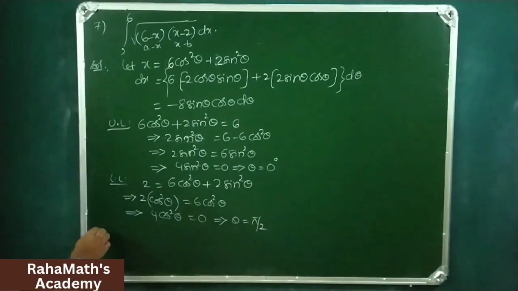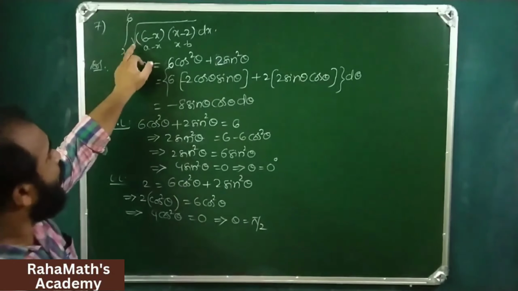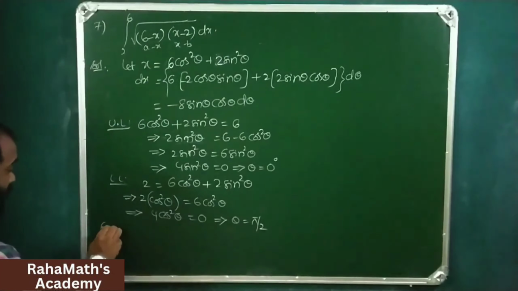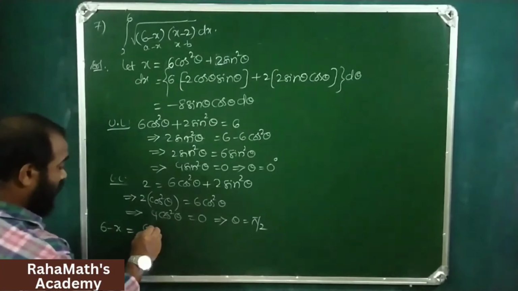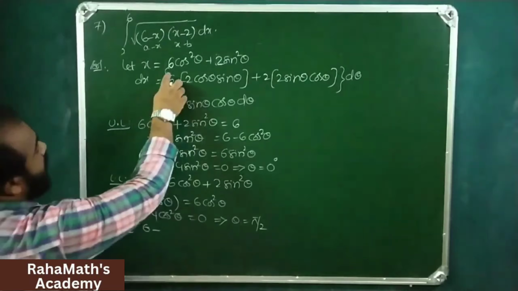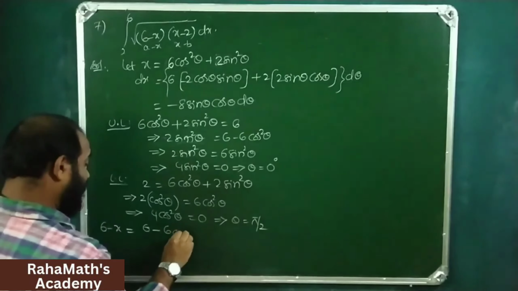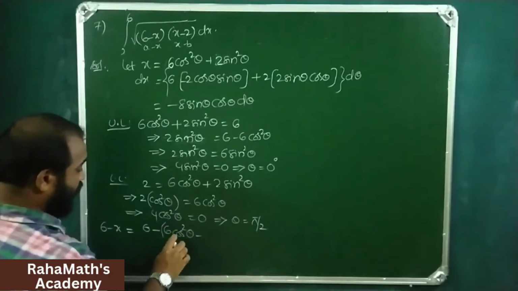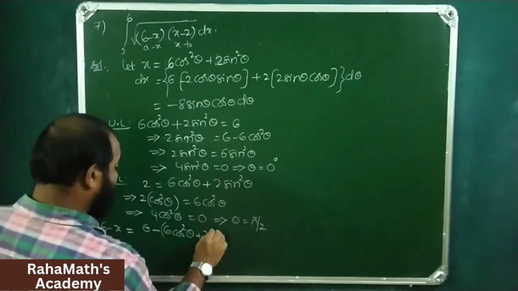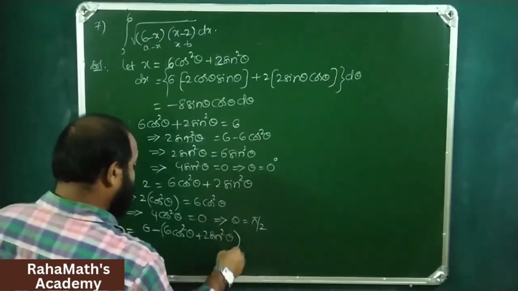Therefore, not only this, what is 6 minus x? 6 minus x is 6 minus of 6 cos square theta plus 2 sin square theta.